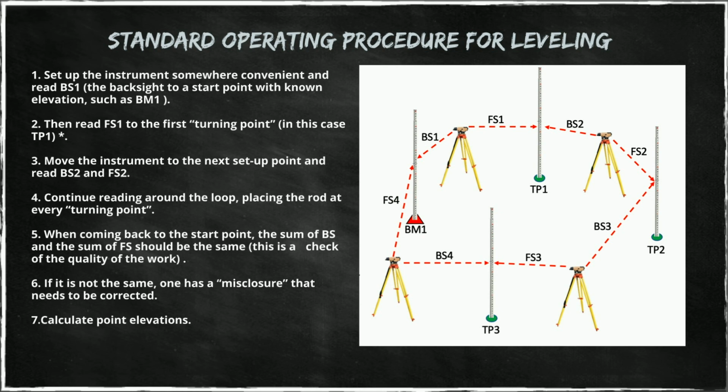However, we will have reading errors and other things coming along the path, along the traverse, so that the elevation we calculate for this point coming back will be different than the elevation that is given for that point. The difference is called a misclosure.